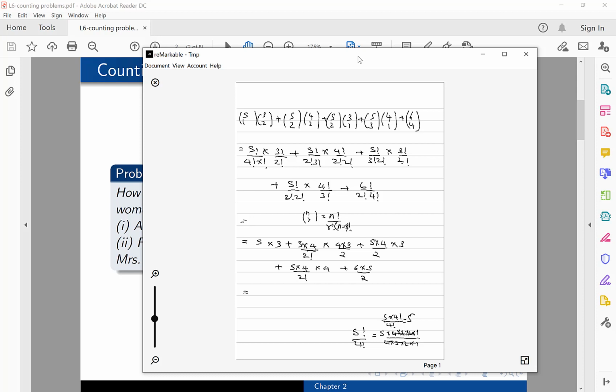And this is going to be 15 plus, 2 cancels out, 5 4s are 20, 3s are 60, plus this cancels out, and then I have 30 plus 2 2s are 4, 5 2s are 10, and then we get 40 plus 15, and this turns out to be 160. So this is the answer. Okay.